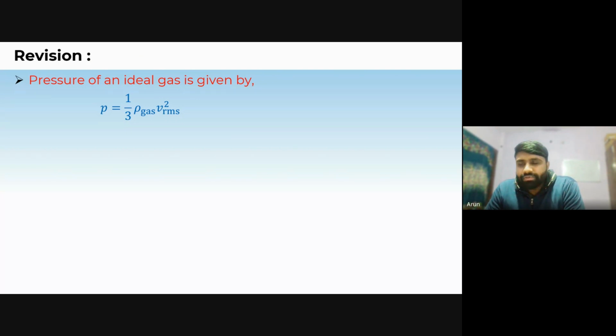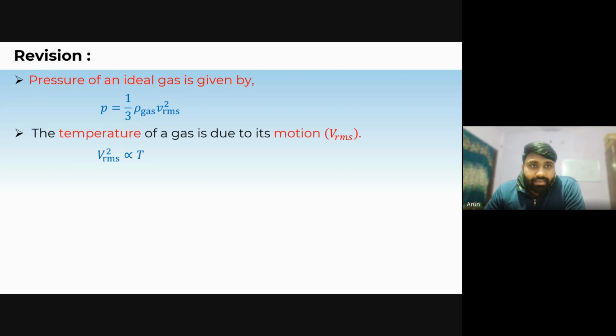Today we are going to first revise a few pointers from the previous session, and then we are going to start the new concept of this chapter. So firstly, we know that the pressure inside an ideal gas is given by P is equal to 1 by 3 rho of gas, where rho means density of gas, multiplied by VRMS square, where VRMS is the root mean square velocity.